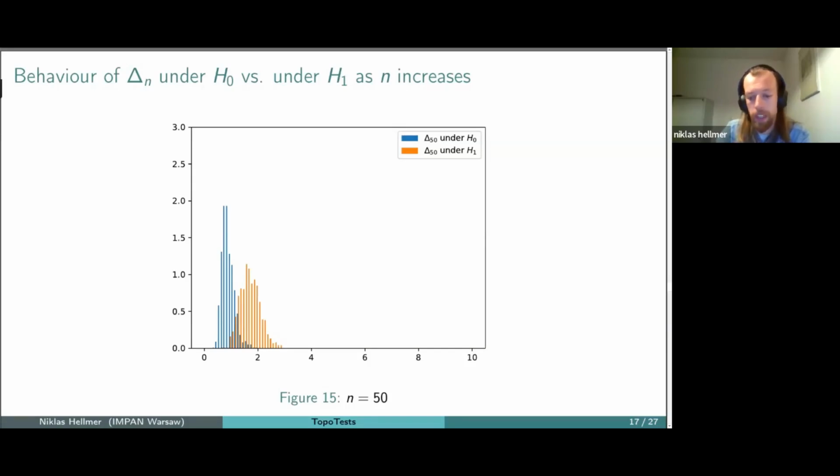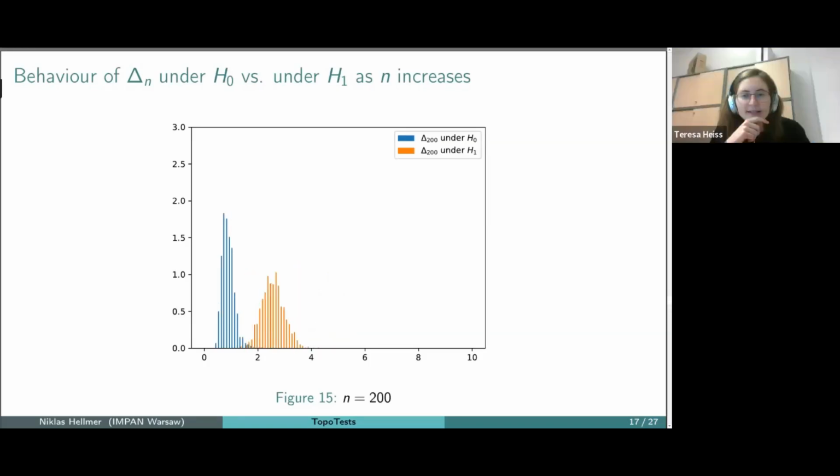But we want to derive an asymptotic theory. We want to understand what happens as the sample size goes to infinity. So now let me increase the sample size and observe what happens. So here we have 50, now 100 samples, 200 samples, 500, and 1,000. Okay, let me show that once again.